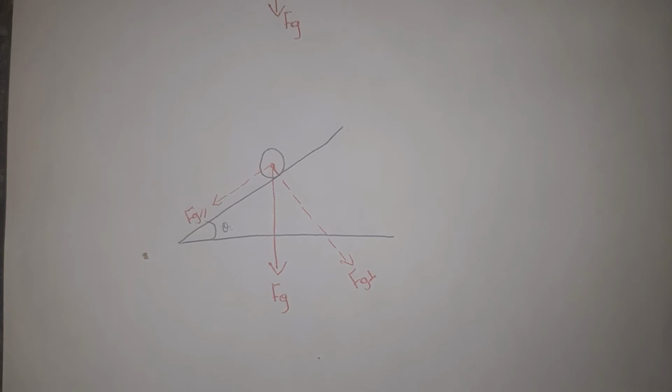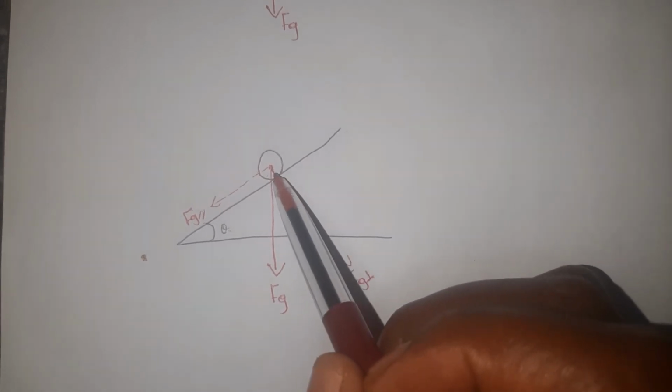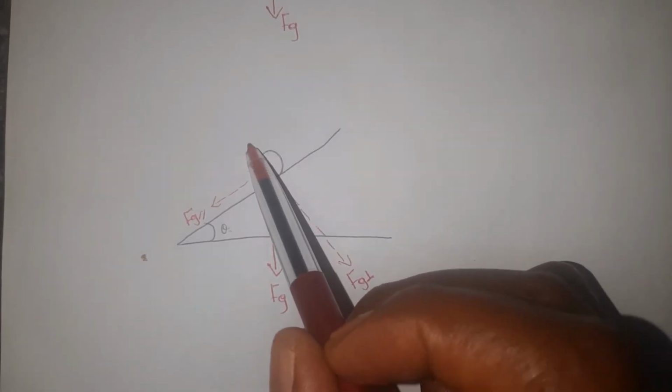I hope you can see that FG perpendicular would be in exactly the same line as the normal force acting on this ball.